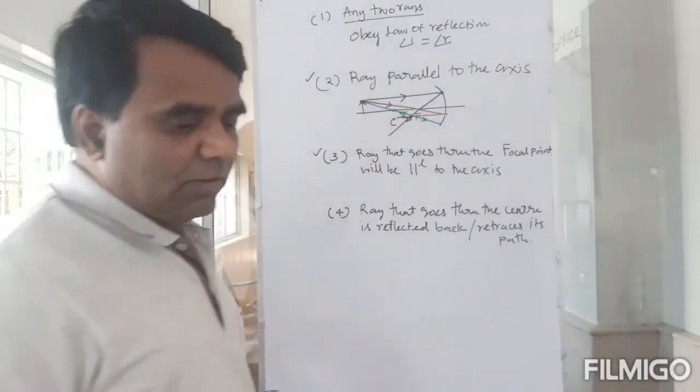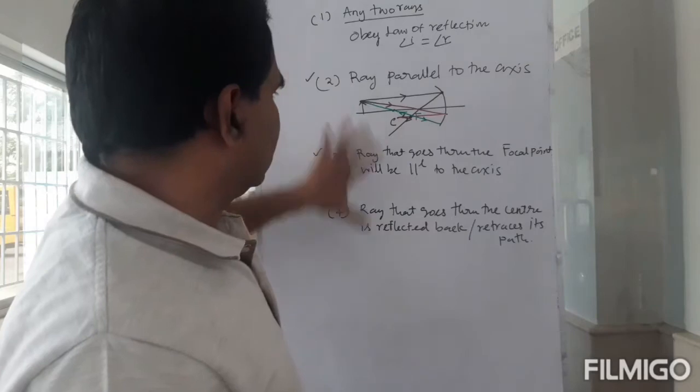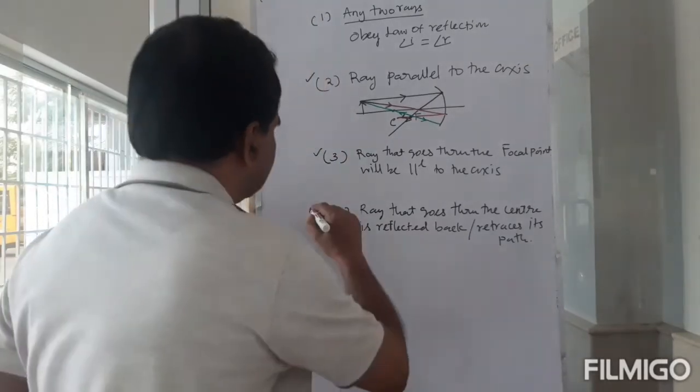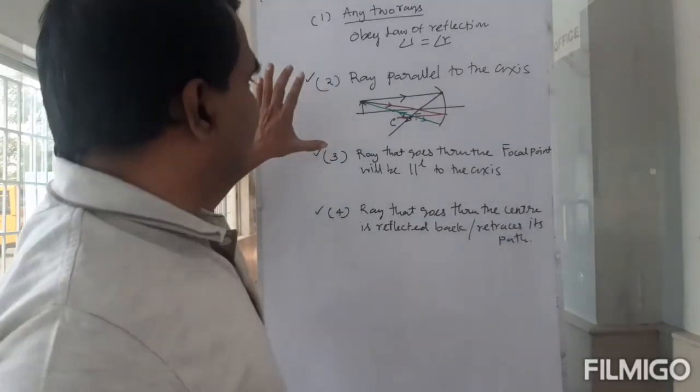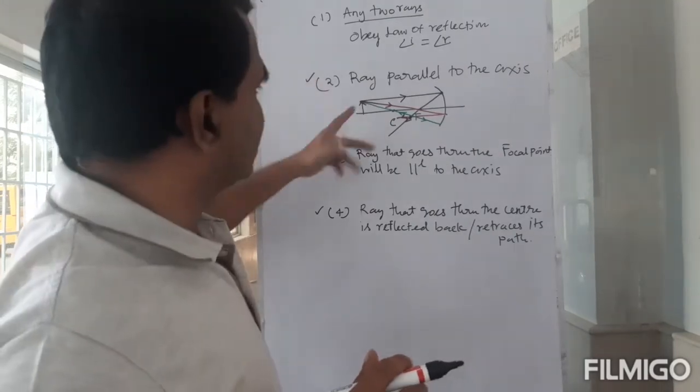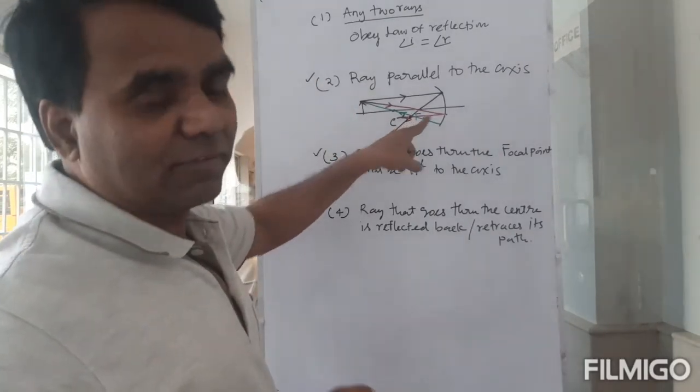Okay, so these are the three easy rays. You can take any two of these, and then you'll be able to find that point.